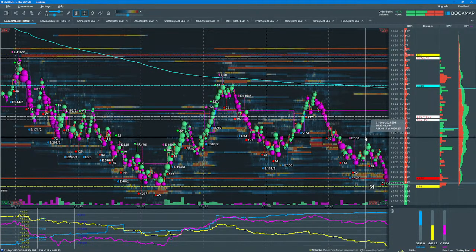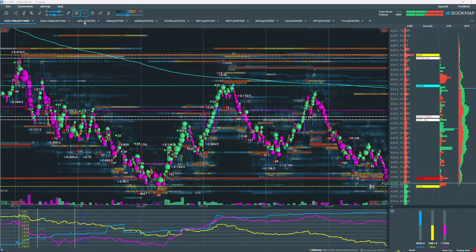Initially, right at the cash open, we know that traders were buying puts. When traders buy puts, market makers sell the puts, and they have to sell futures to hedge their delta exposure. We can also see aggressive sellers coming in, shown by the magenta volume dots.